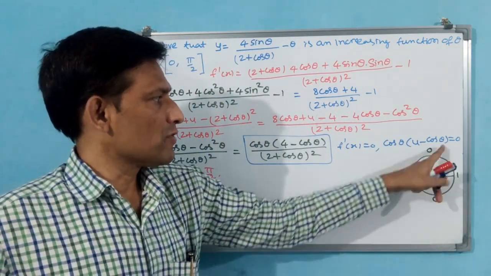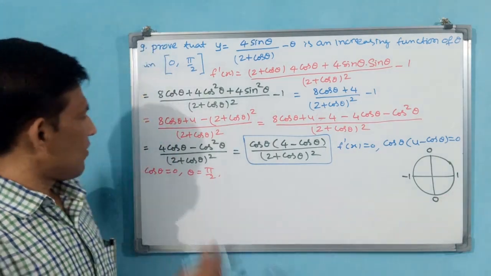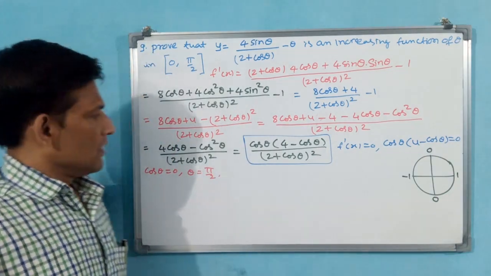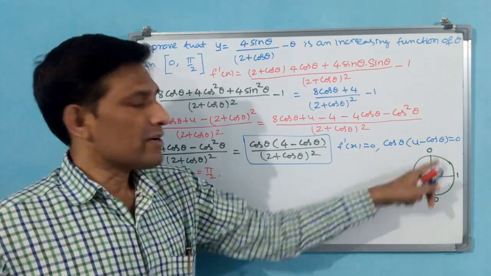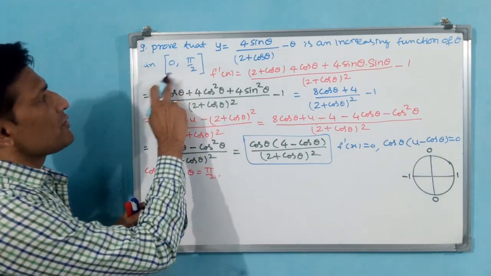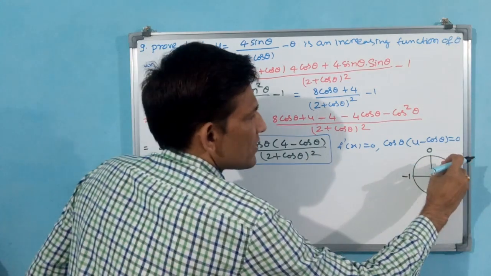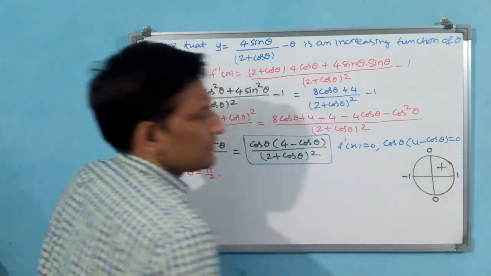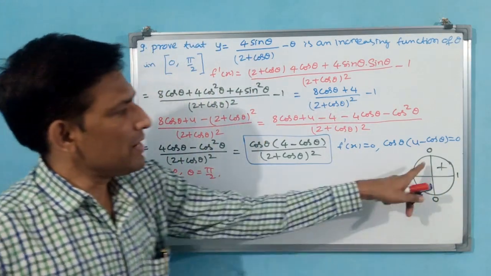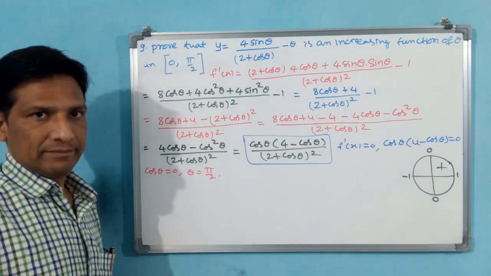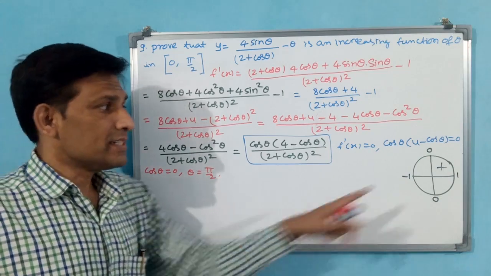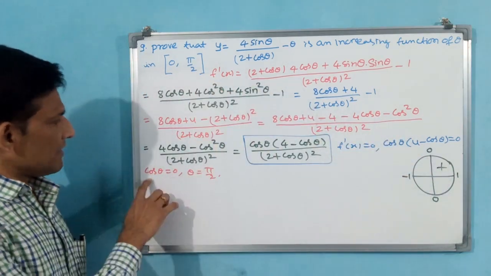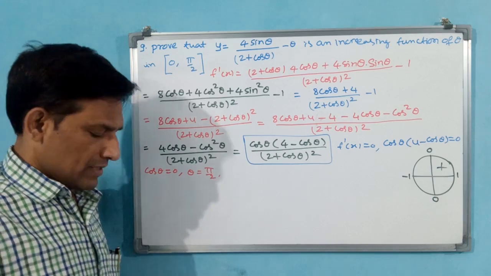At pi by 2 and 3 pi by 2, cos will be 0. But why take only pi by 2? Because they have given the interval 0 to pi by 2, the first quadrant only. These remaining 3 quadrants you need not take. If you consider this interval, then the theta value will be pi by 2. That is one thing.